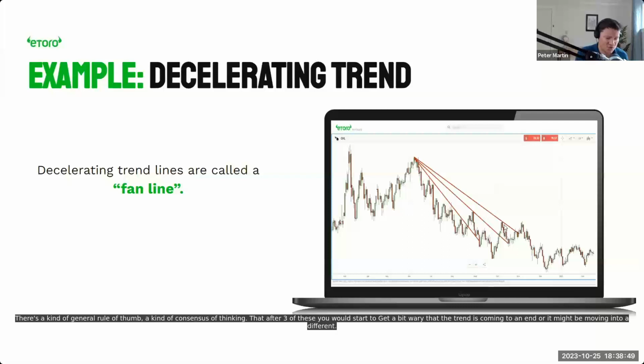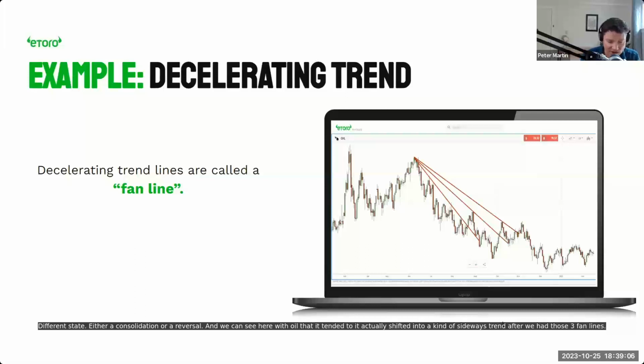There's a general rule of thumb, a kind of consensus of thinking that after 3 of these, you would start to get a bit wary that the trend is coming to an end, or it might be moving into a different state, either a consolidation or a reversal. And we can see here with oil that it actually shifted into a kind of sideways trend after we had those 3 fan lines.